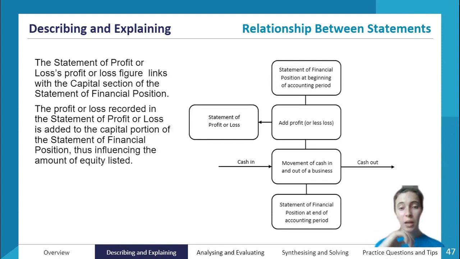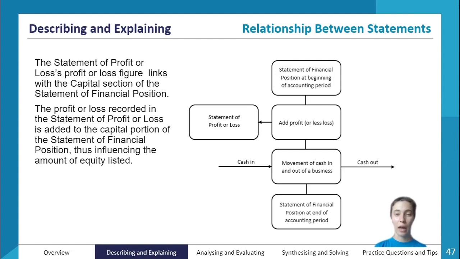You also need to be able to explain the relationship between your different statements. So understanding how they relate to each other is important. Now, the profit or loss figure in the statement of profit or loss links with the capital section of the statement of financial position.